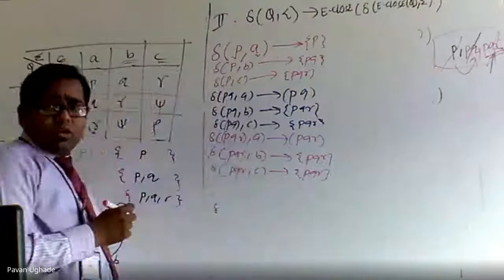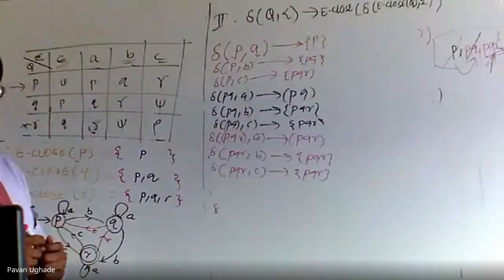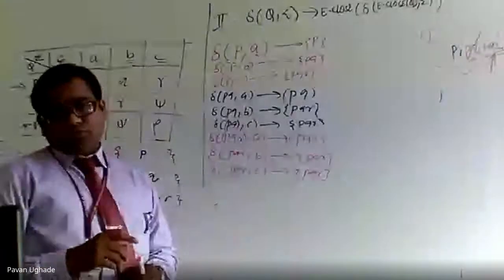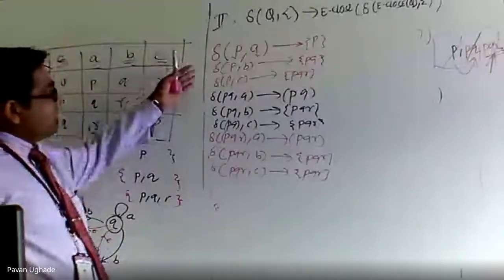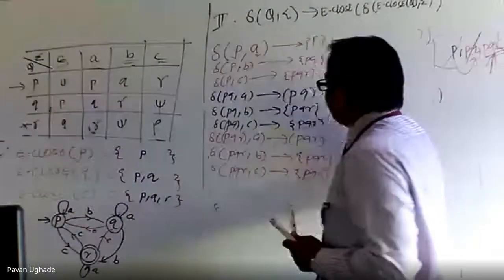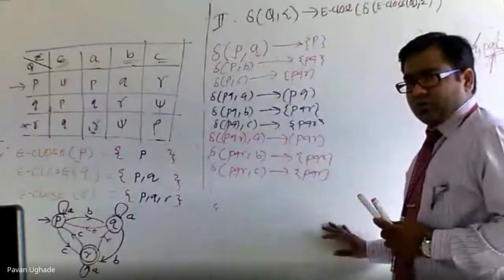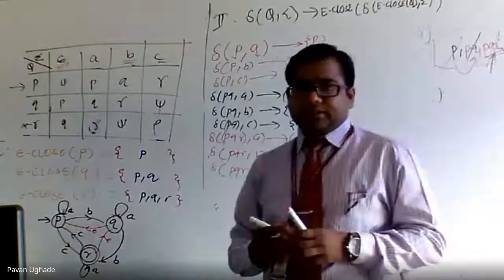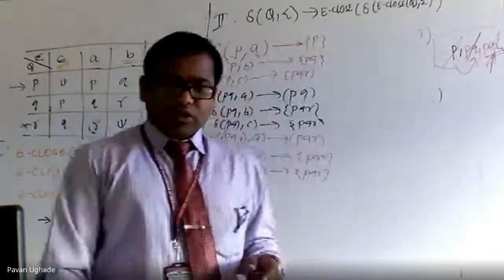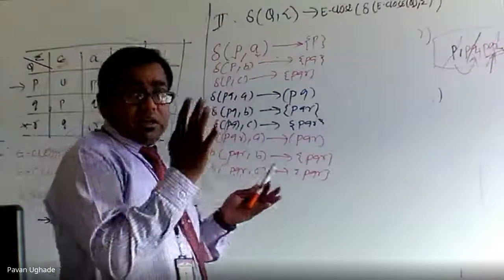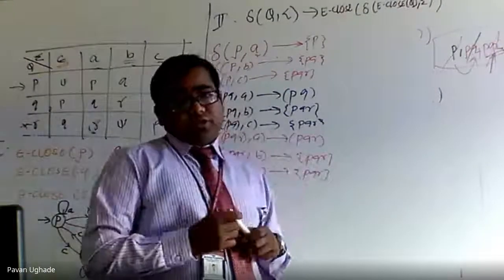As we are not getting any new states further, we are concluding here. Now we have got three states. We will make the table of this. If it is getting complex, we will rename the states and process it. Now we'll see whether we have converted it into a DFA or not.